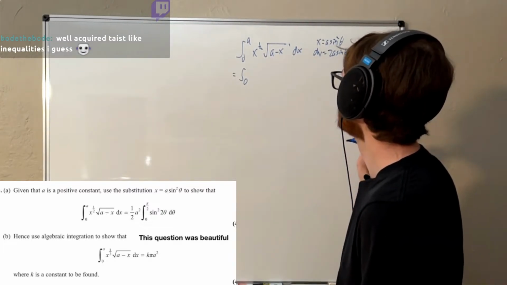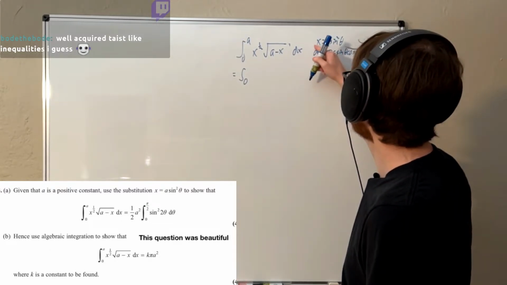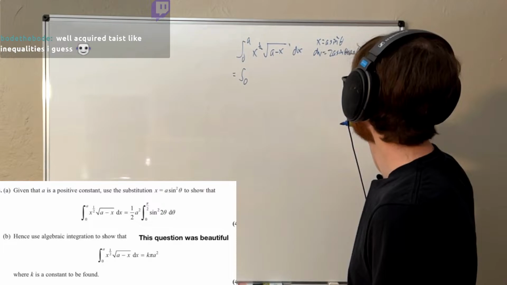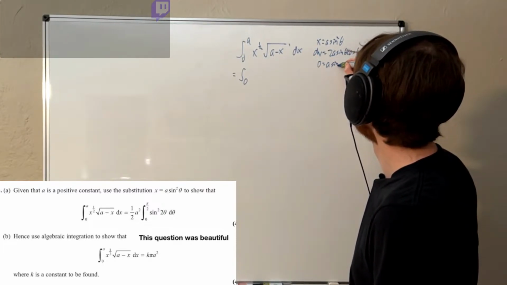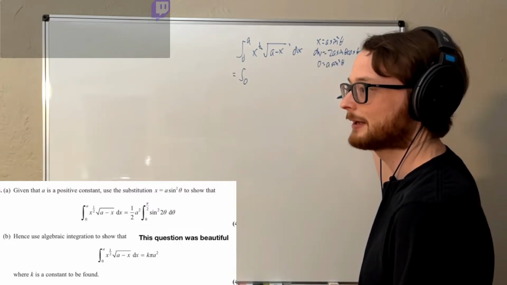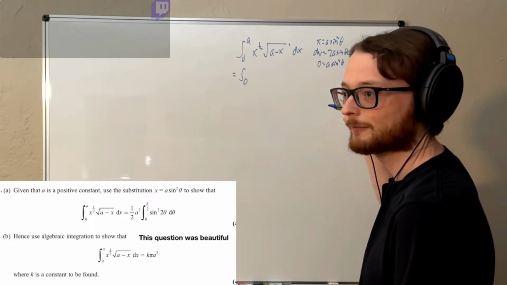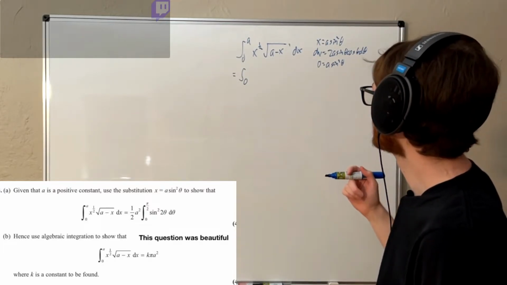Okay, but so here if x equals 0, theta is also 0. I mean, theta can be 0, pi, 2 pi. I think we're just solving it in the first quadrant, though. As long as we're consistent with our values, it should all be the same.